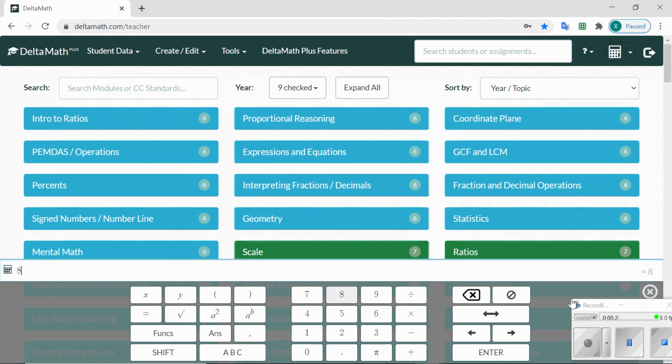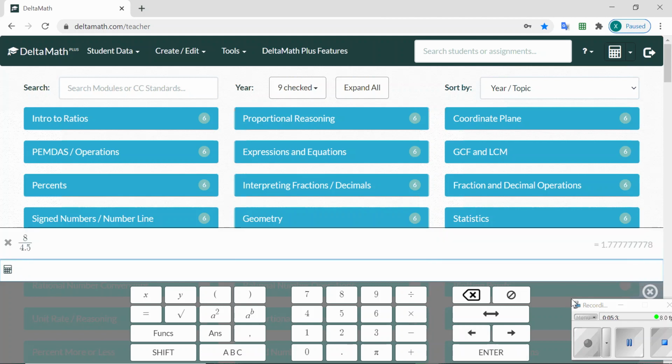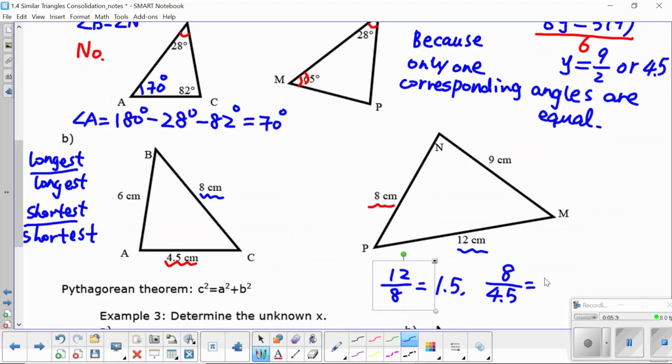It's 8 divided by 4.5. Then enter. It's 1.77. Then you will see they are not equal. So no, they are not similar because the corresponding ratios are not equal.